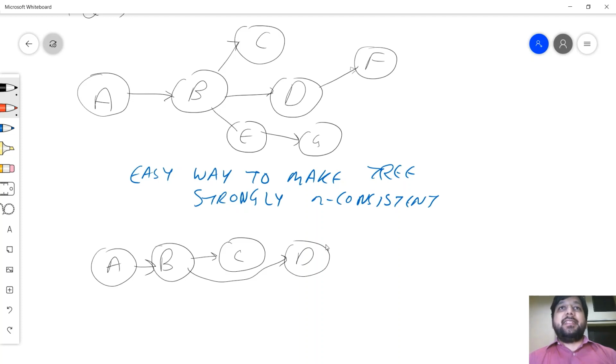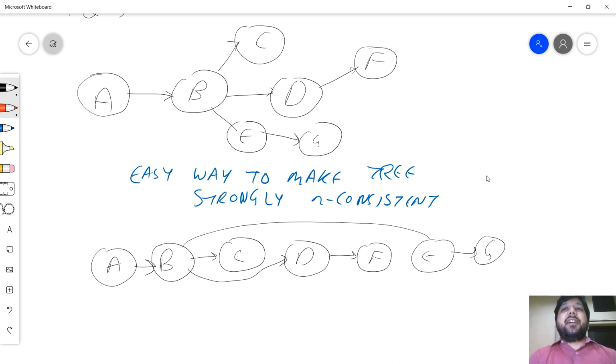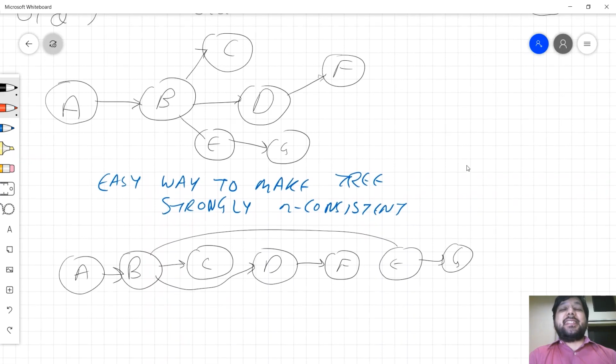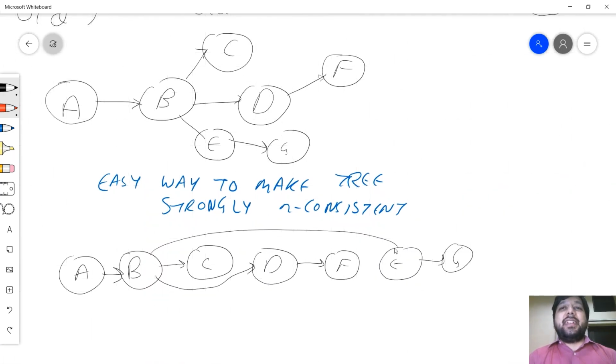Let me take the F first, and then let me take B, E, and G. Now I need to make it strongly consistent. What you do is go in the inverse order of the edges.